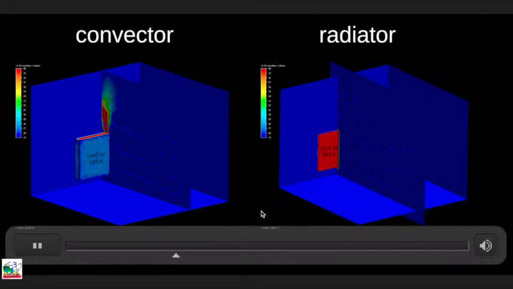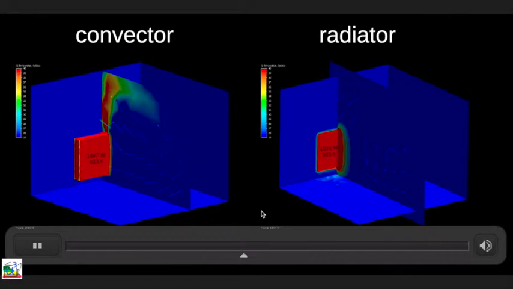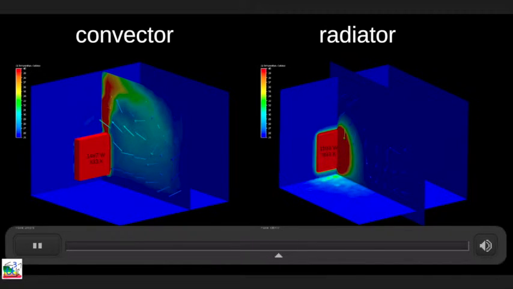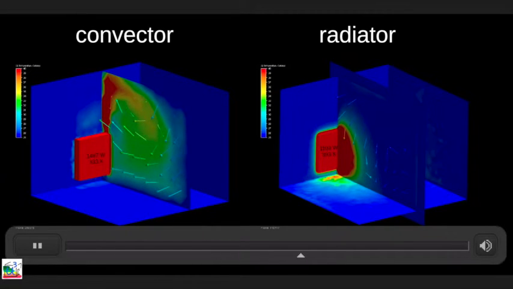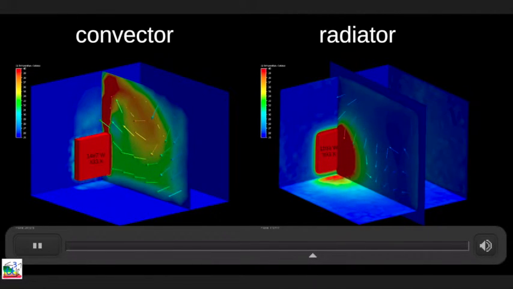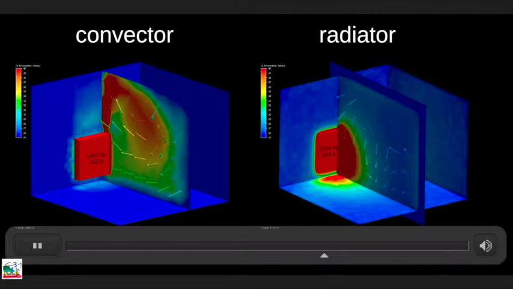hot air. On the right, we have the radiator, which is a metal plate with a surface temperature of 120 degrees Celsius. So when you watch this video, you can see differences between the different heating systems, which is not really surprising, but it's most of the time not considered when rooms are designed.